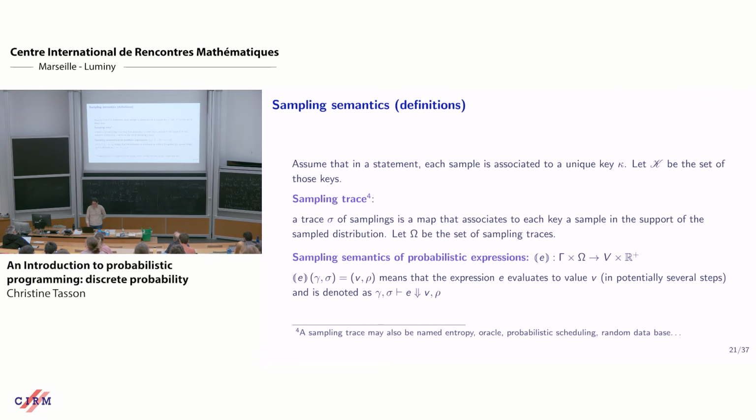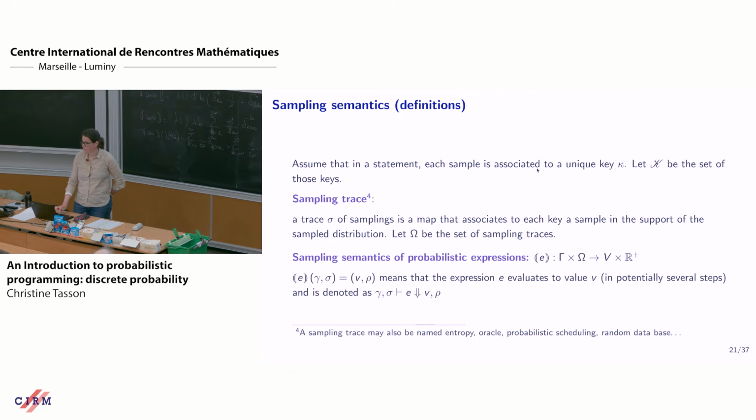Again, to each sample we have a unique key K, and a sampling trace sigma is again a map that associates to each key a sample in the support of the sample distribution. So what does it look like?